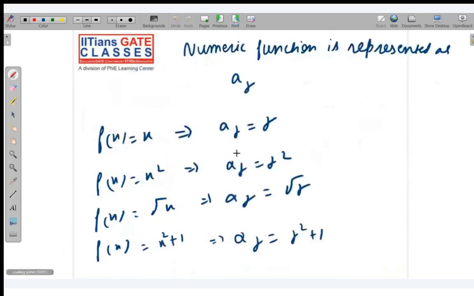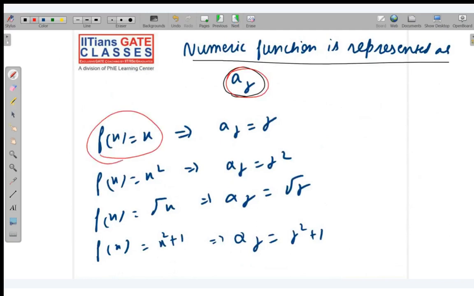So this is all about numeric functions. Now see the representation. A numeric function is represented as a_r. For example, if I say f(x) = x, this will be represented as a_r = r. f(x) = x square, you will say a_r = r square.